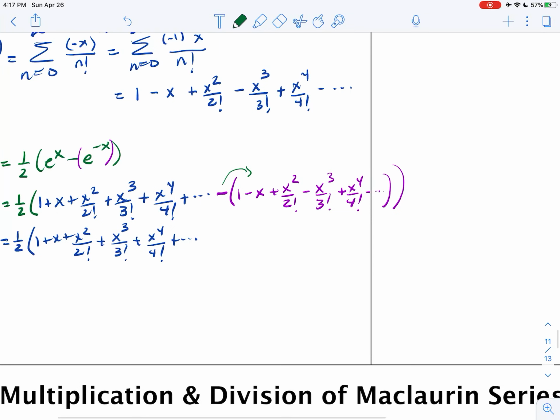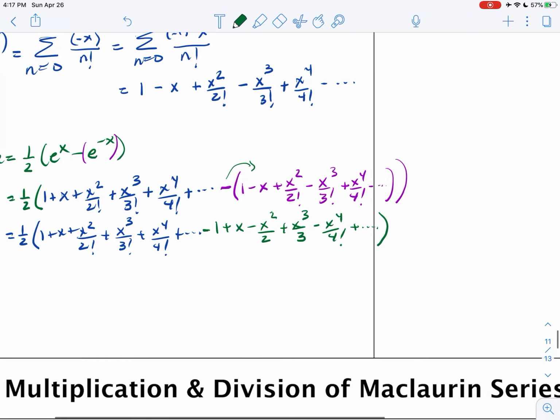And now I'm going to distribute the minus and remove the parentheses, and I end up with minus 1 plus x minus x squared over 2 plus x cubed over 3 minus x to the 4th over 4 plus dot, dot, dot.